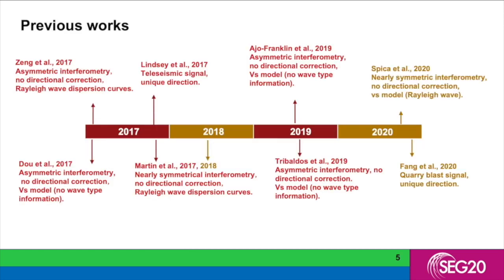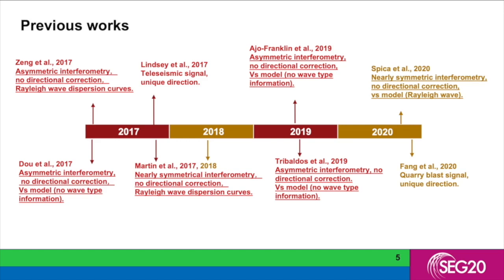Looking through other studies on near-surface imaging using DAS data, we can see that in real cases, most of the cross-correlograms are asymmetric. However, no study has applied directional correction on the extracted apparent dispersion curve, and there is no analysis on the wave type in the DAS ambient noise recordings before inverting for the subsurface shear wave velocity.